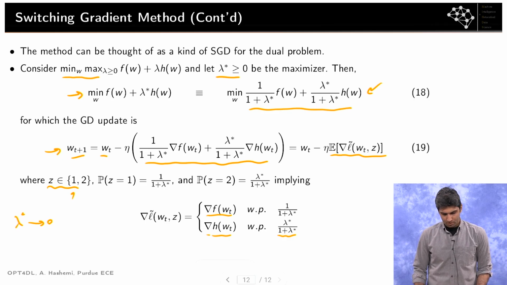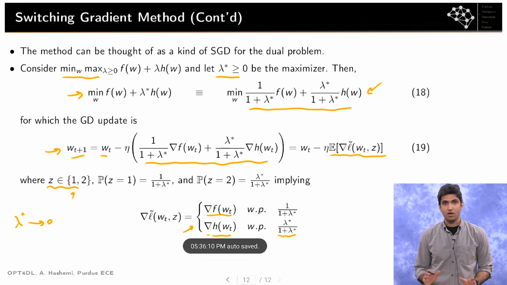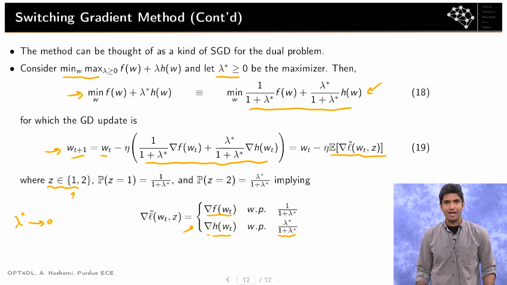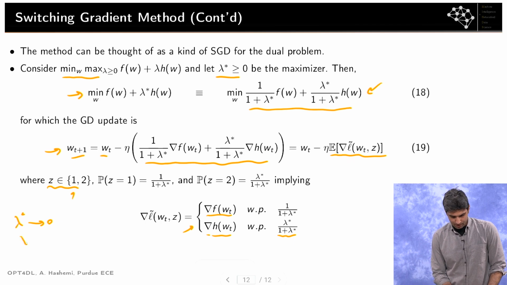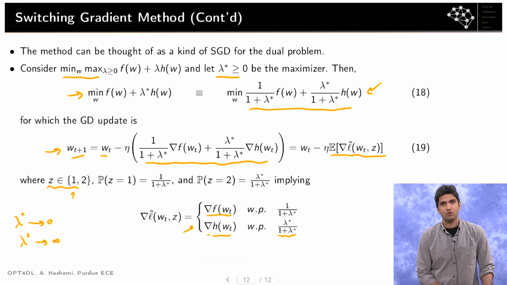So in terms of selection of these two gradients, it's more likely for me to select the gradient of the objective. I very rarely select the gradient of the constraint, and I don't need to, because the solution I have is sufficiently feasible.